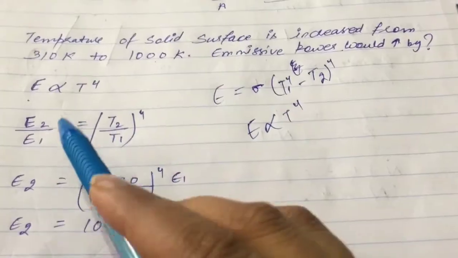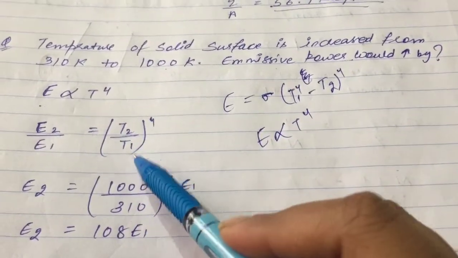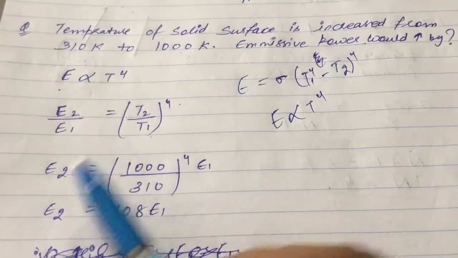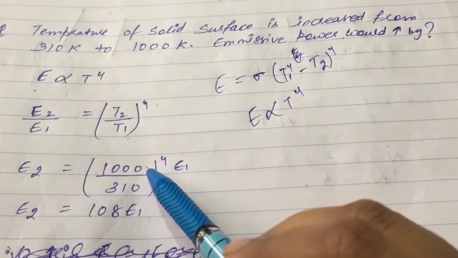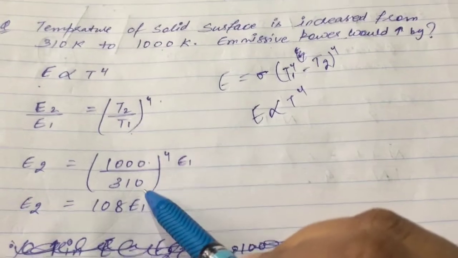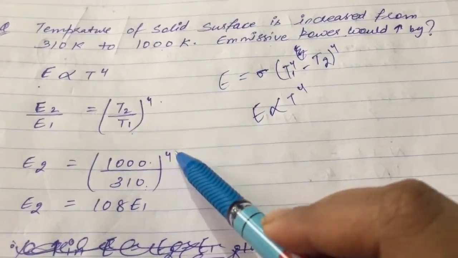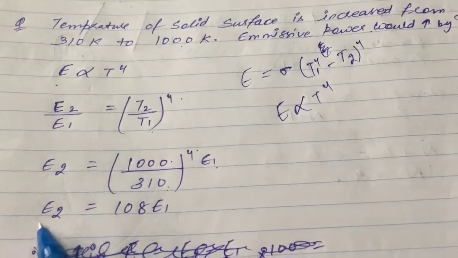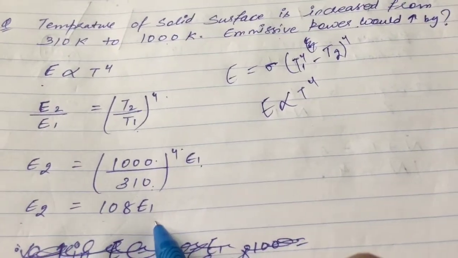So E2 by E1 would be T2 by T1 to the power 4. Putting in the values, E2 would be T2 given as 1000 Kelvin by T1 as 310 Kelvin to the power 4 times E1. So E2 comes out to be 108 times E1.